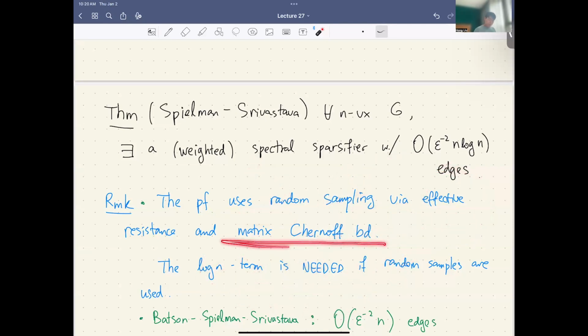And to bound this, we use some Chernoff bound for matrices.